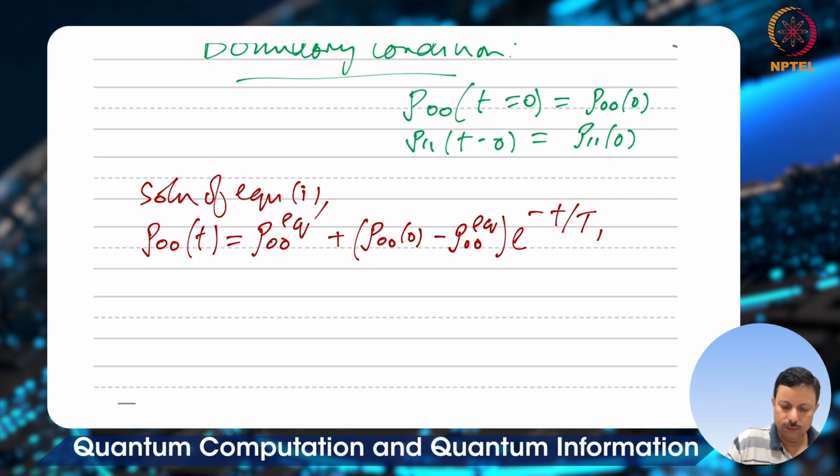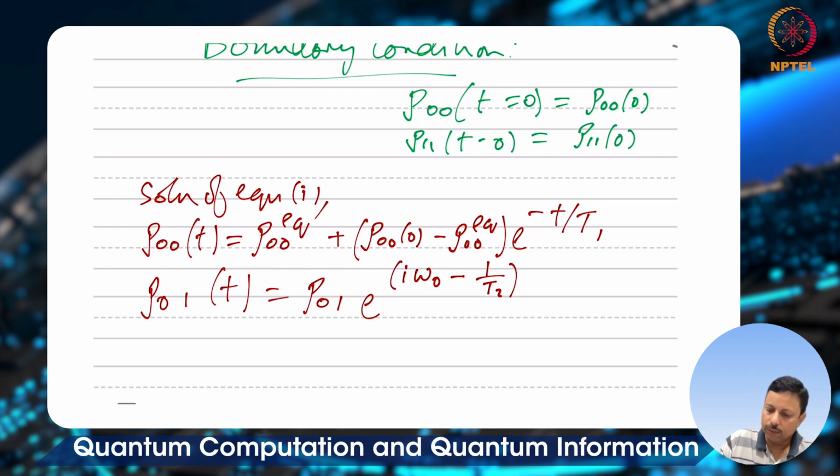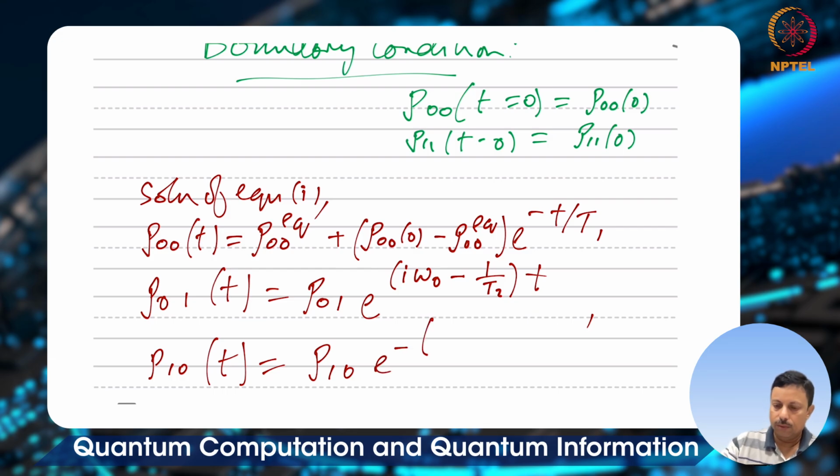We have rho 0 1 of t equal to rho 0 1 times e to the power i omega naught minus 1 by T2 times t, and rho 1 0 of t equal to rho 1 0 times e to the power minus i omega naught minus 1 by T2 times t.